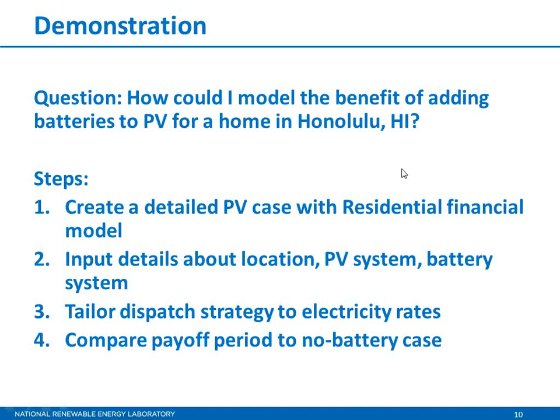Now I'm going to walk through a demonstration of the model to give you a sense for how you would use it, how you would set up a system, and what benefit you could derive from the model in its current state. The question that we'll try to answer is, how could I model the benefit of adding batteries to a PV system for a home in Honolulu?